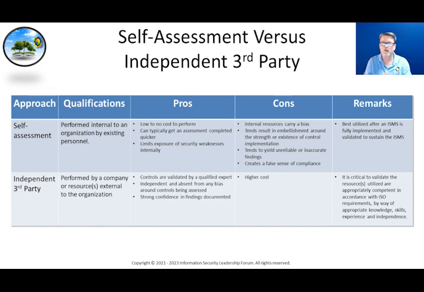It's obviously not no cost because you're still paying for those people to do their job internally, and you can typically get an assessment completed quicker because there's less scheduling and other things going on, and it limits exposure of the security weaknesses that are identified to inside your organization. You haven't had somebody outside your organization that now knows about them.